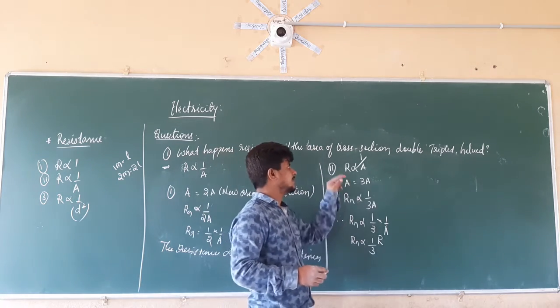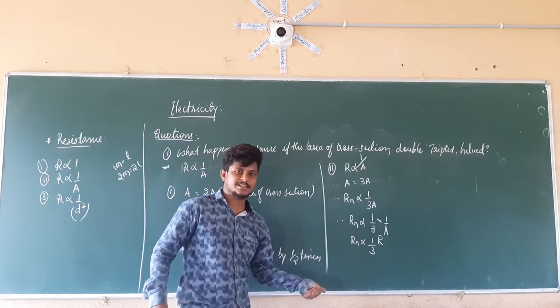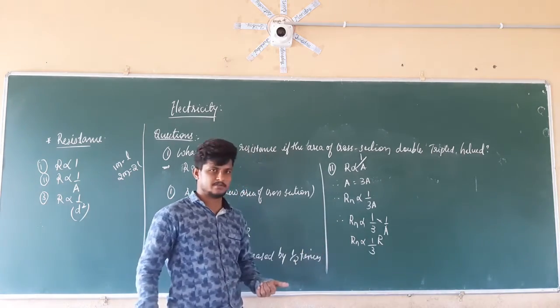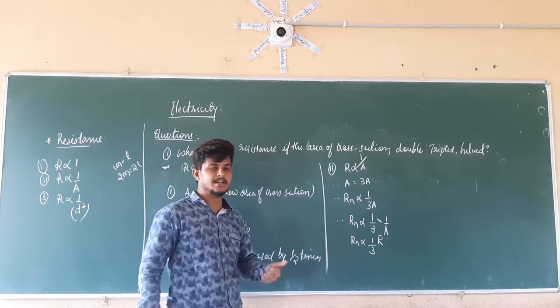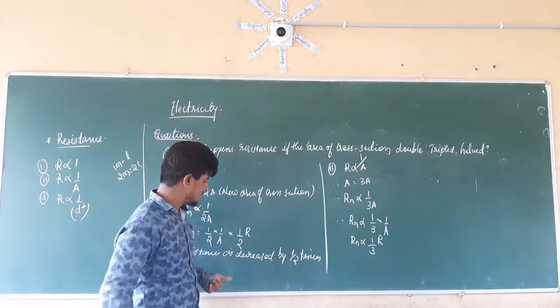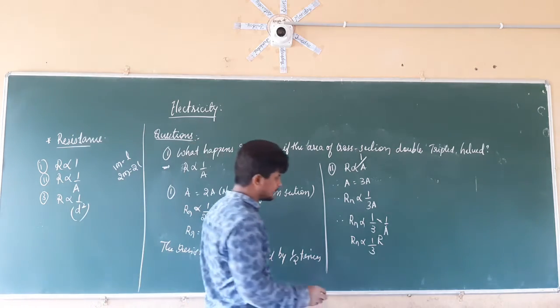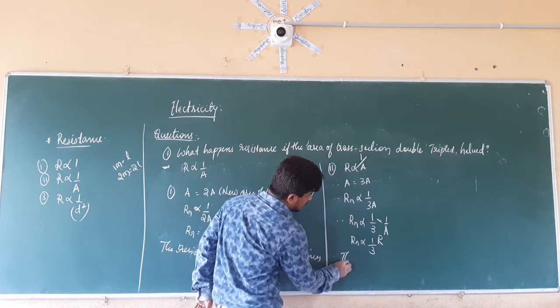So what happens if the area of cross section is tripled? That is nothing but the resistance of the conductor is getting down. So the resistance of the conductor is reduced by 3 times.